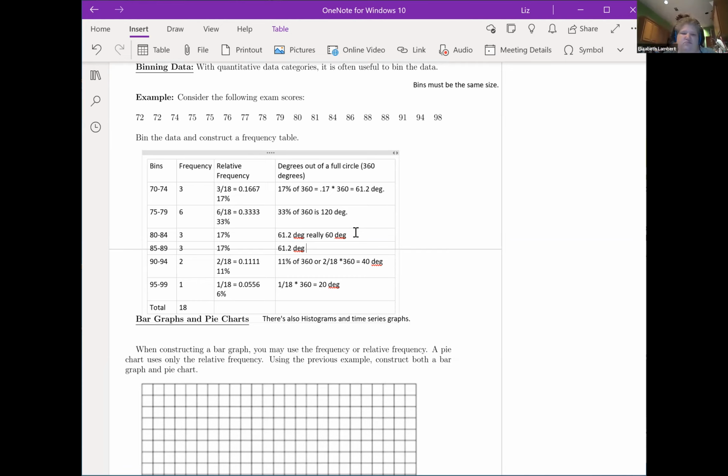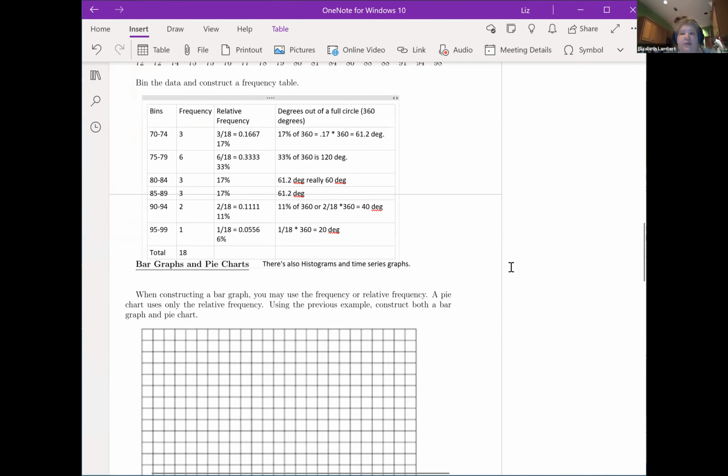I will try my hardest to give you credit for doing the math correctly, even if something like this carried through. I'm not going to ask you to draw a pie chart by hand. Calculate the degrees, fair game. Actually do the doodle, no.